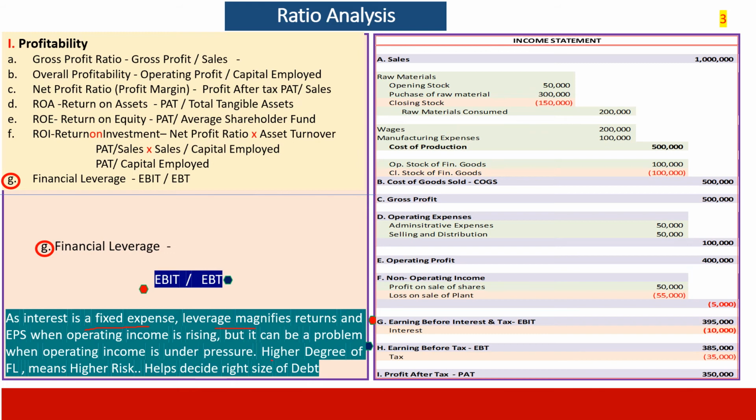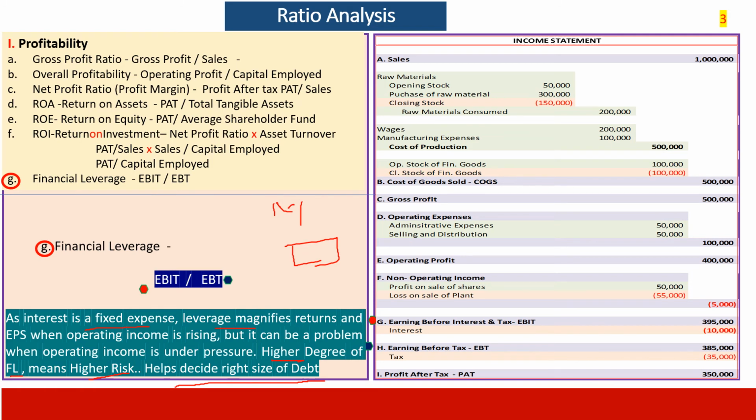A higher degree of financial leverage means higher return, but higher return means higher risk. A company should have a decent EBIT by EBT so that it has moderate return and moderate risk. And this helps decide the mix of debt and equity.